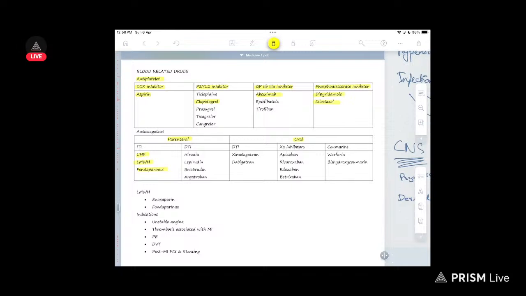I'm not sure what the others are; none of these are very rememberable. You can remember only unfractionated heparin, maybe low molecular weight heparin, and fondaparinux.